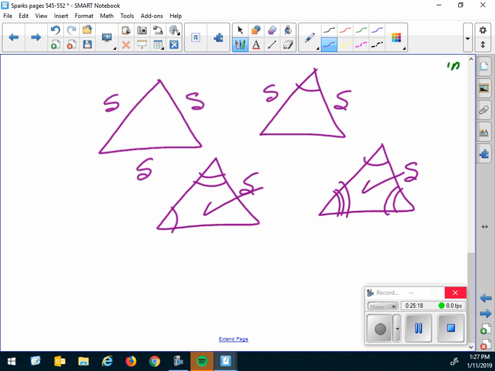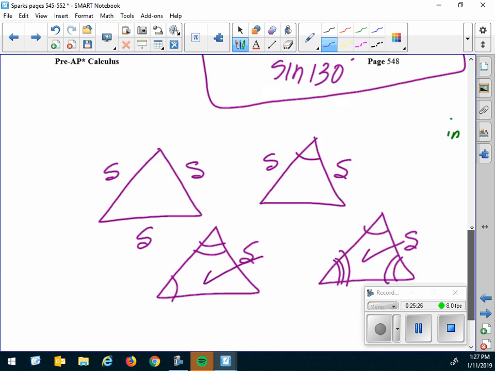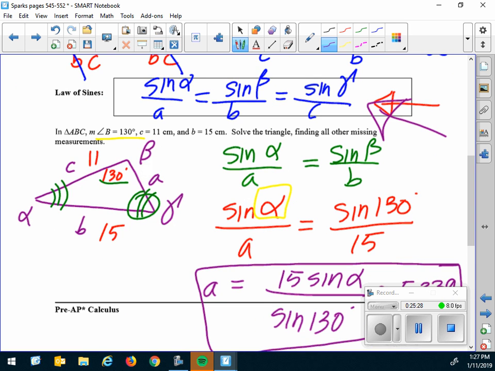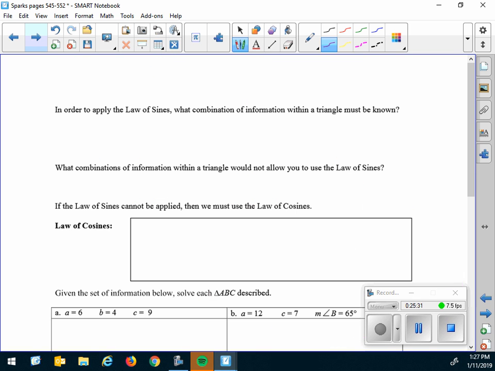So when can I use law of sines? If I know an angle and its opposite side. Now, there is a place for us to write that. Top of the next page. In order to apply the law of sines, what combination of information within a triangle do you have to know?